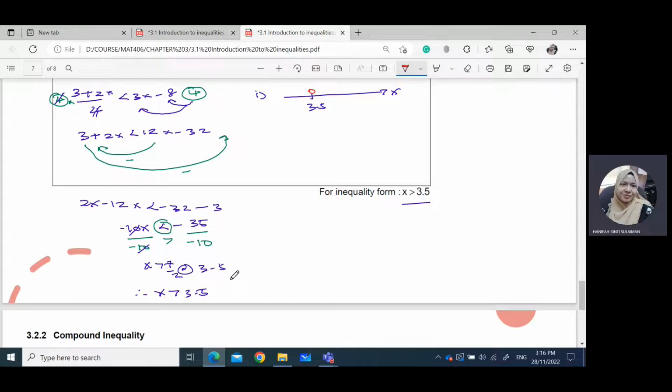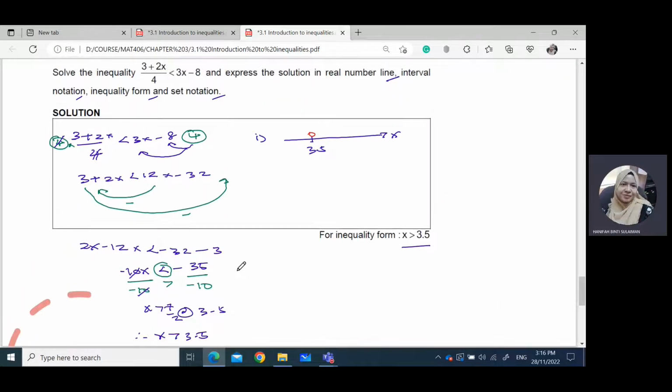So bila x greater than, maksudnya x tu lebih besar daripada 3.5. Okay. So nilai-nilai x adalah lebih besar daripada 3.5. So maknanya dia menuju ke arah kanan. So bila ke arah kanan, it is approaching positive infinity. Okay, so bila nampak yang ini, maknanya dia adalah x is greater than 3.5.